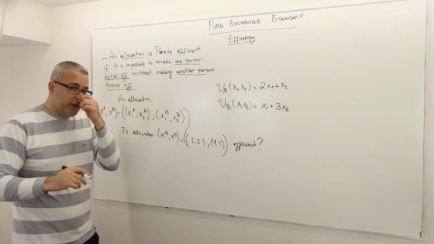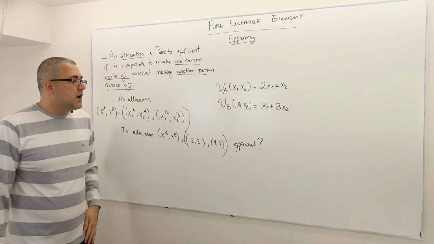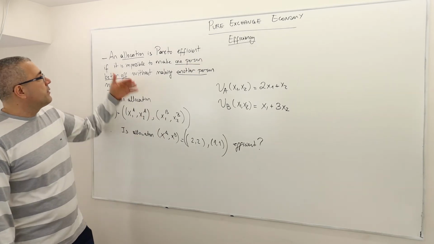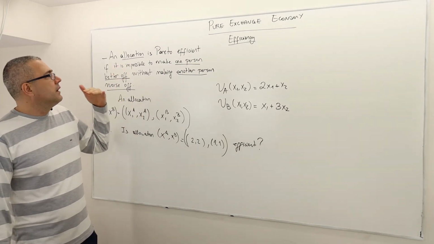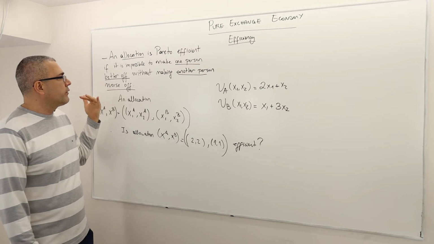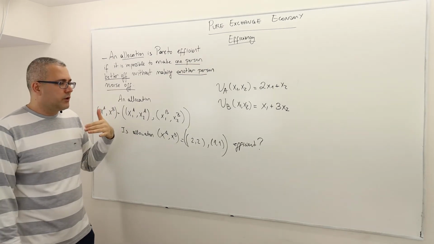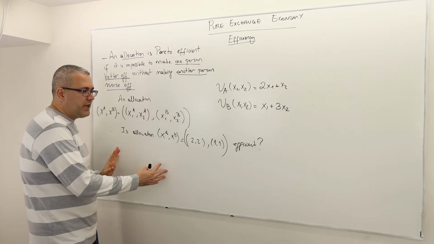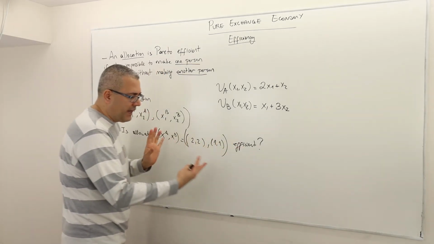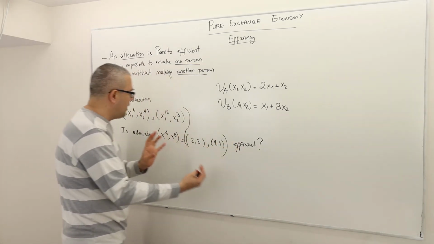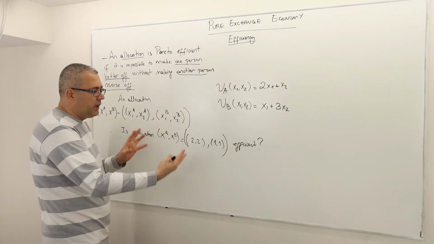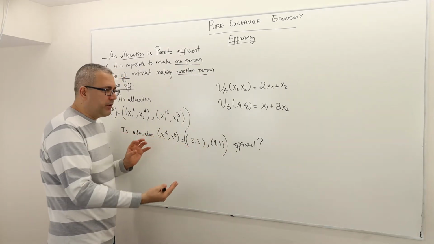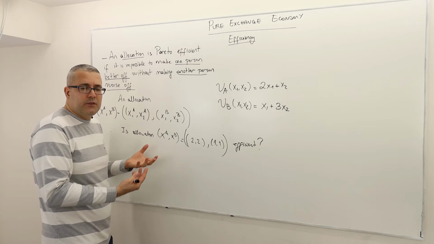All right, good question. Is this efficient? Well, remember the definition of efficiency. It's impossible to make one person better off without making another person worse off. So there's one initial situation and then another bundle. Can I find another allocation where they both actually get happier? Is it possible? Well, obviously it is possible.